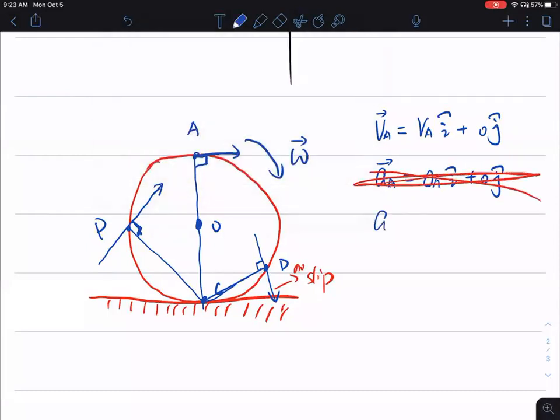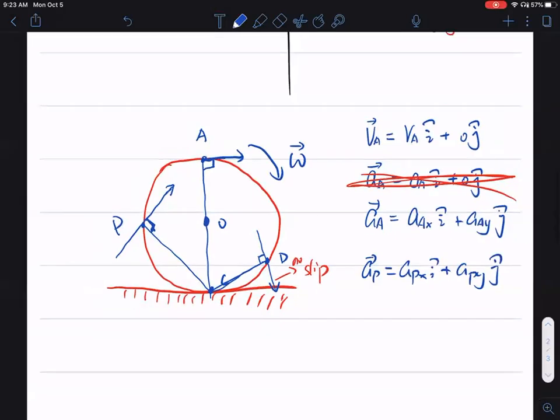For AA, we know nothing. So we want to make sure A has something on the I direction and A also has something on the J direction. Do not assume AA should be similar with VA, only has I component. That's a wrong assumption. Same deal for any other points. For example, point P. Same deal, AP should both have X components and Y components. And that's how we use instant center.